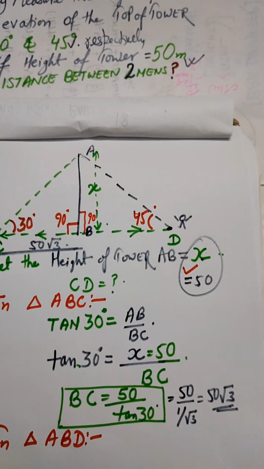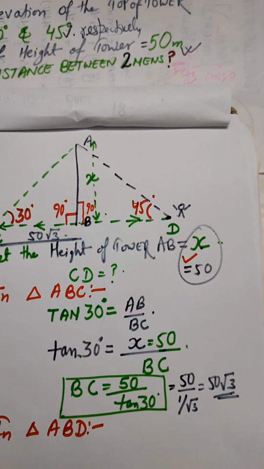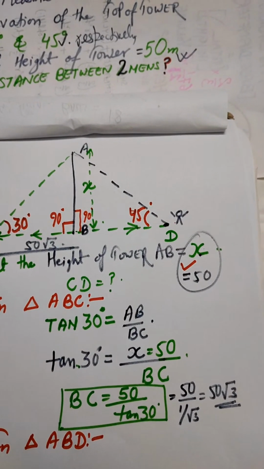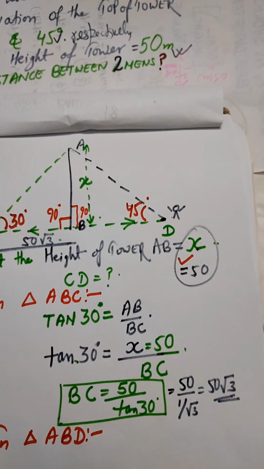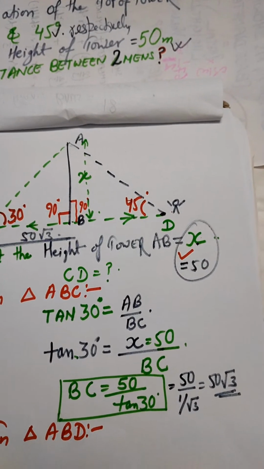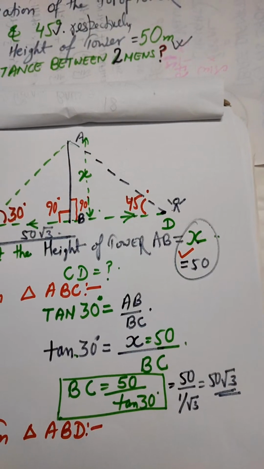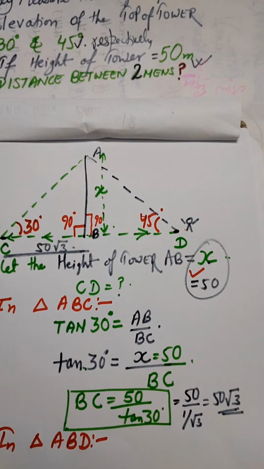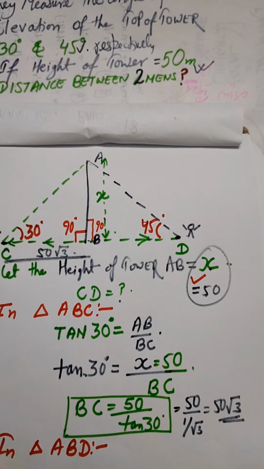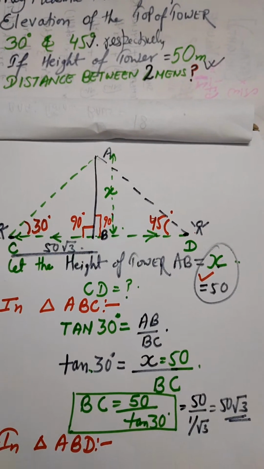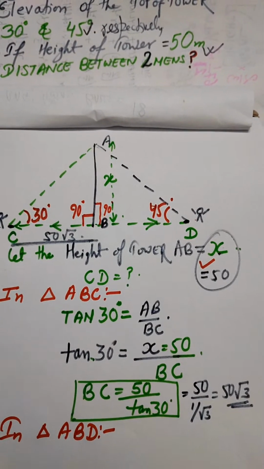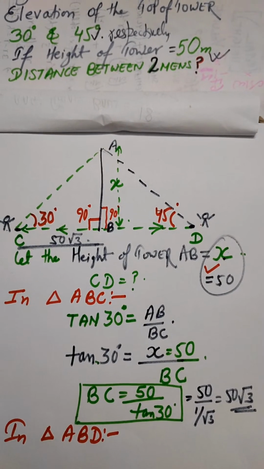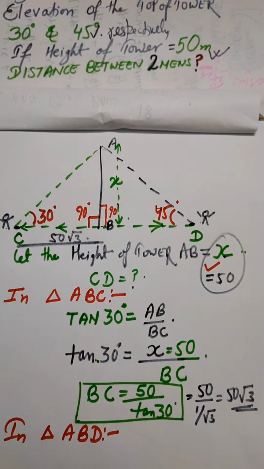Find the capacity in liters. There is a question: a 9th standard question. Find the capacity in liters of a conical vessel. Height and slant height are given. Yes, student, this is a question of mensuration. You need to calculate the capacity of the cone, which means the volume, that is 1 by 3 pi r square h.